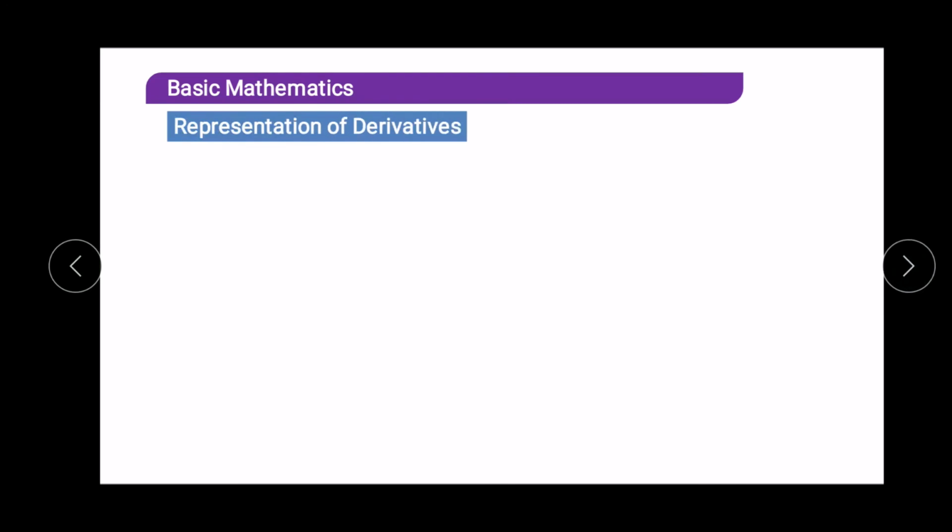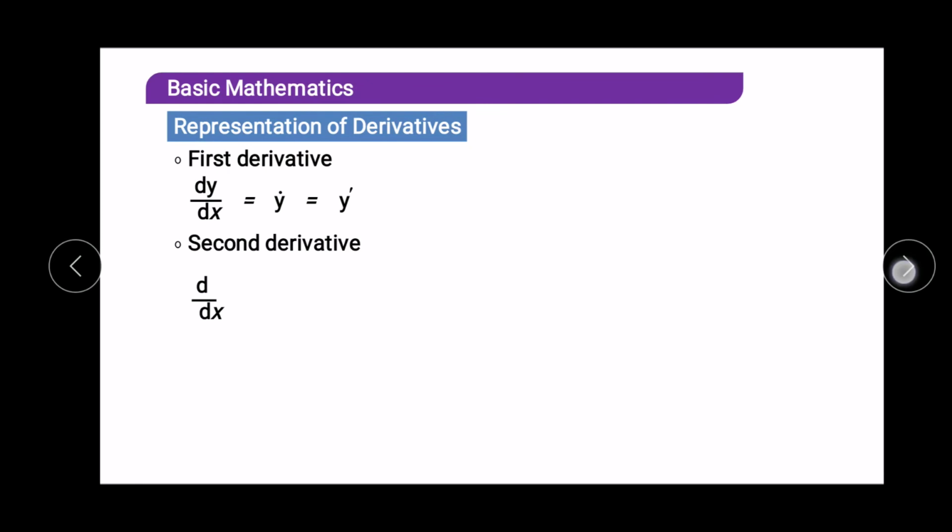Representation of derivatives: the first derivative is the rate of change of y with respect to x, and we call it dy by dx. We also denote it by y dot or y dash. Second derivative: when you take the derivative of the first order derivative, you will get the second order derivative. We represent it by d square y upon dx square or y double dot or y double dash.